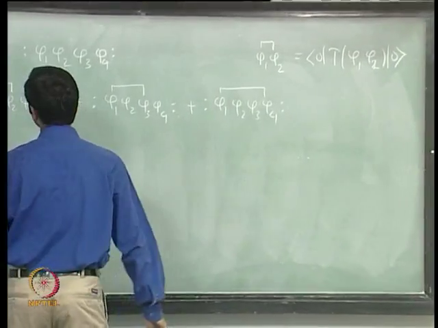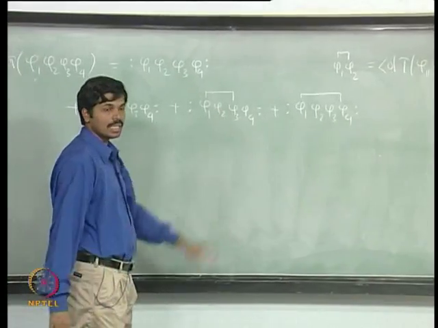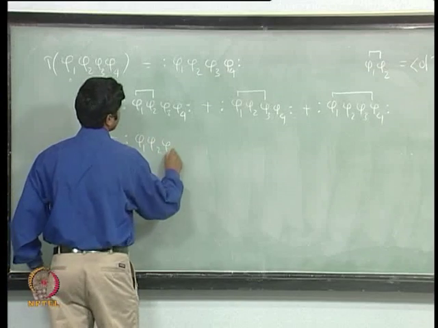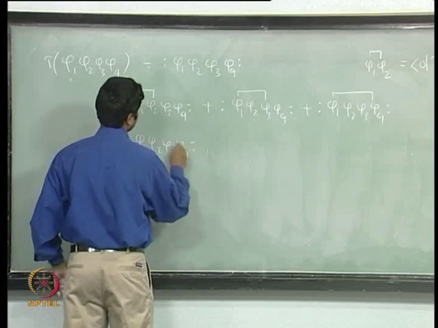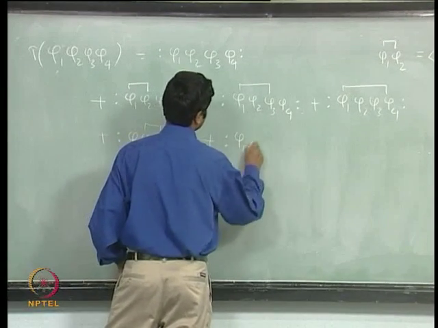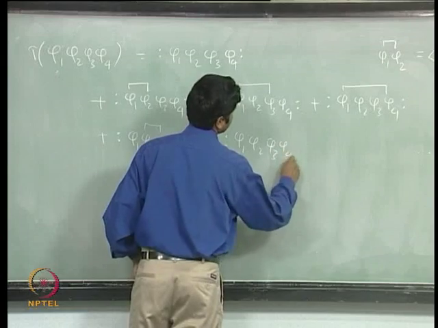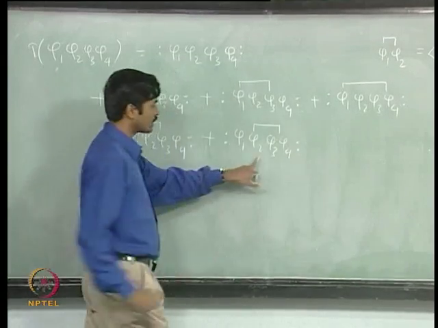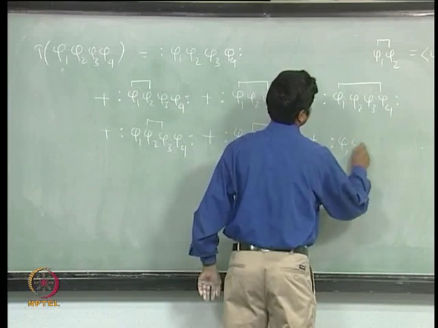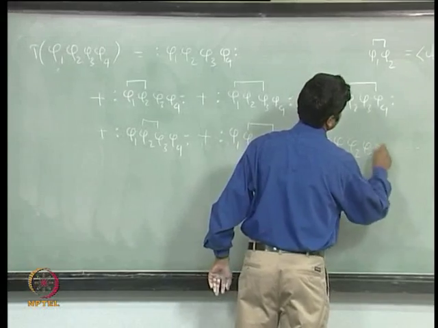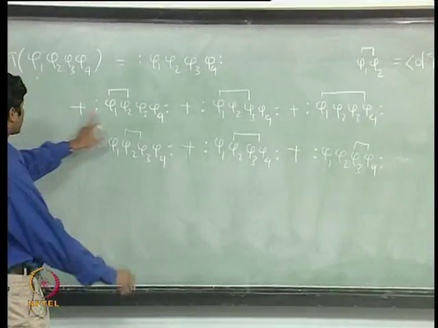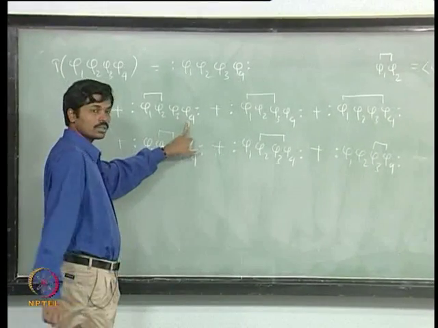After that, phi 1 cannot contract with anything else, but again phi 2 can contract with phi 3, then phi 2 can contract with phi 4, then what is left is phi 3 can contract with phi 4. Nothing else is left.